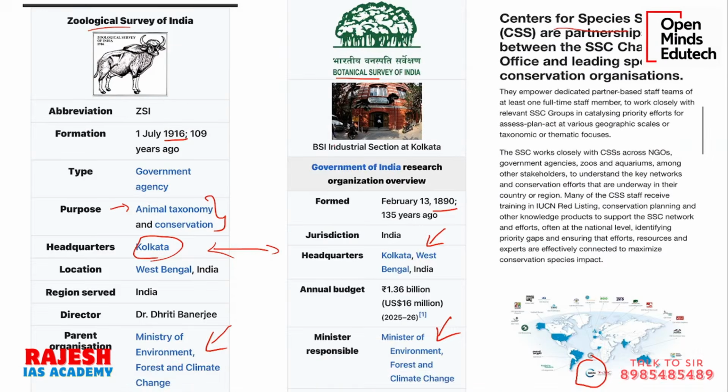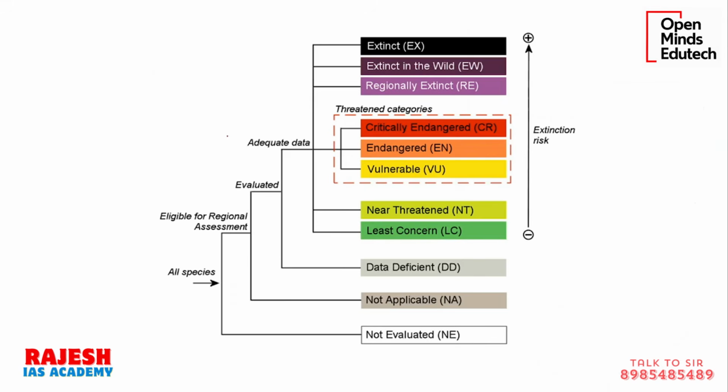Let me tell you what this division is. Any species, like lions, elephants, foxes, cheetahs, any animal or plant, there are two possibilities. Either IUCN evaluates it, meaning it will see what the status of the animal was before humans lived on earth and what the current status is.